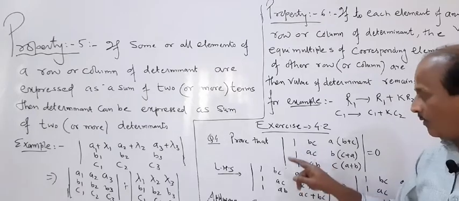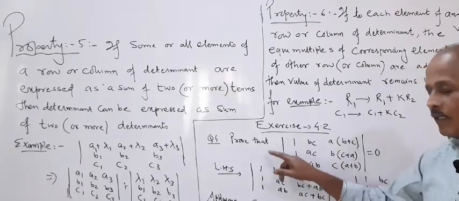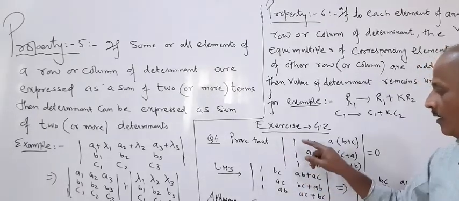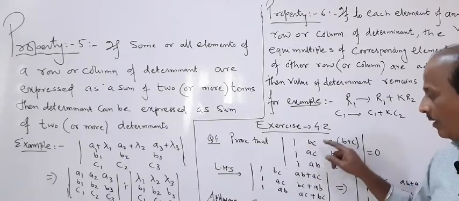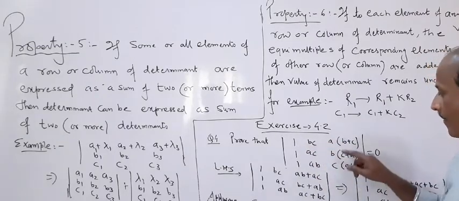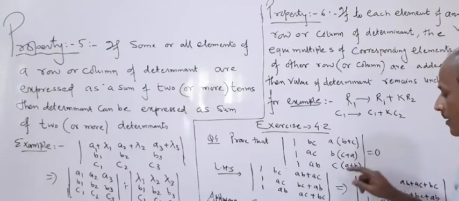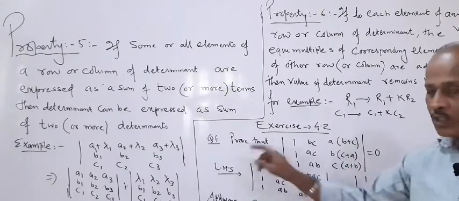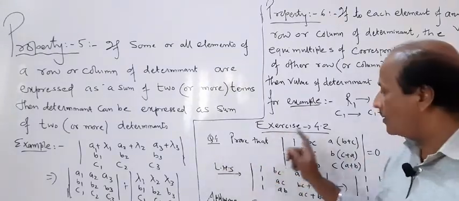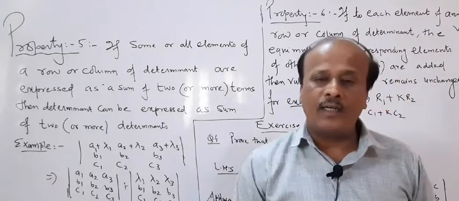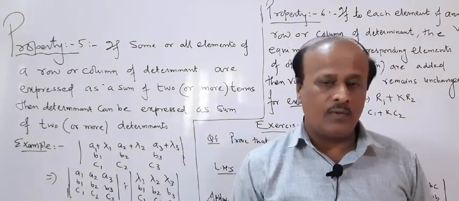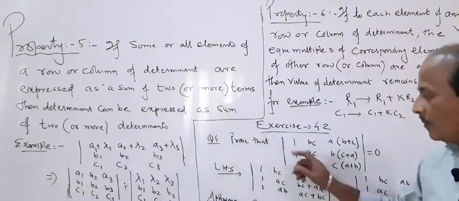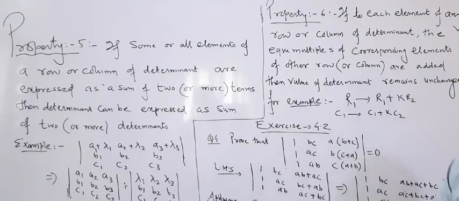Suppose a determinant is given with the elements 1, 1, 1, BC, AC, AB, A, B plus C, B, C plus A, C, A plus B. This is question number 4, exercise 4.2, and they are asking you to prove it equal to 0. So the first step is, I start with the left hand side.